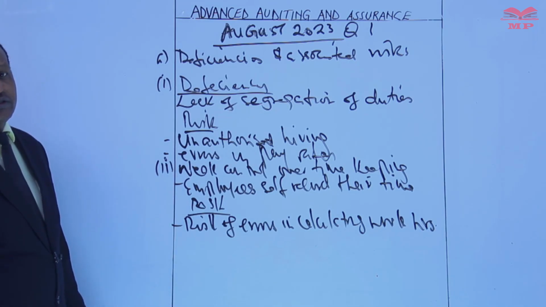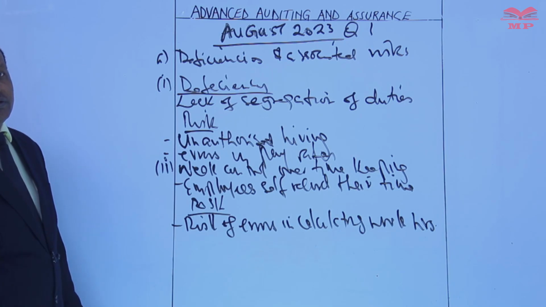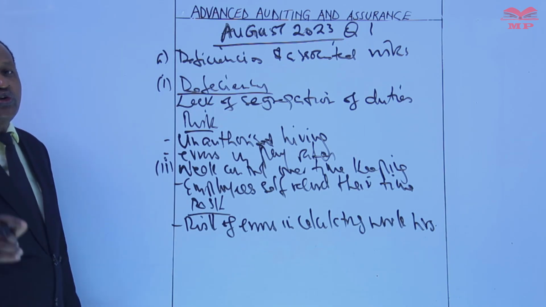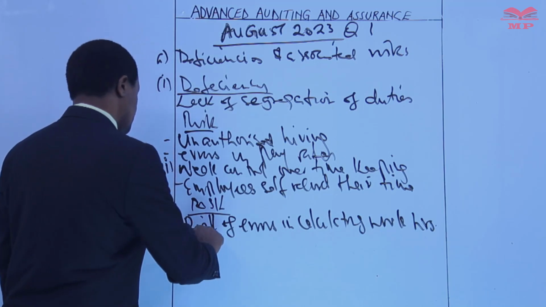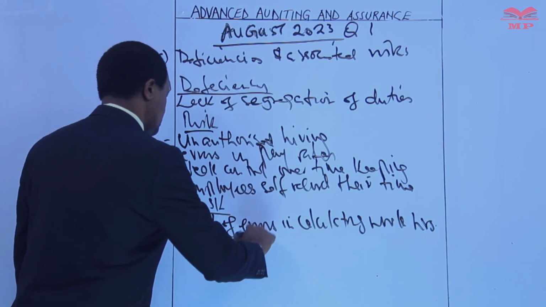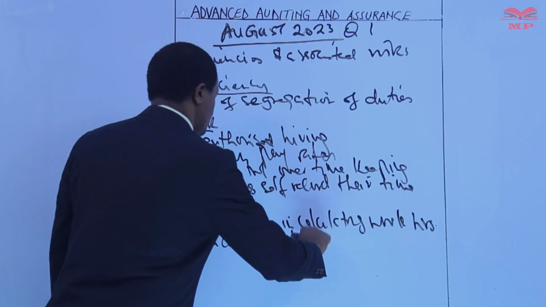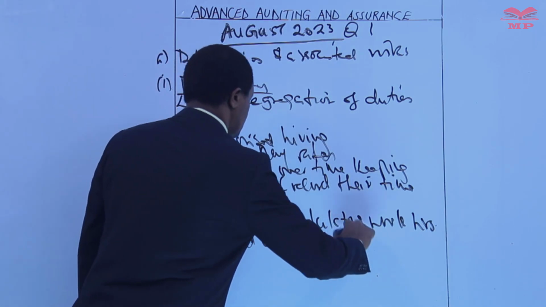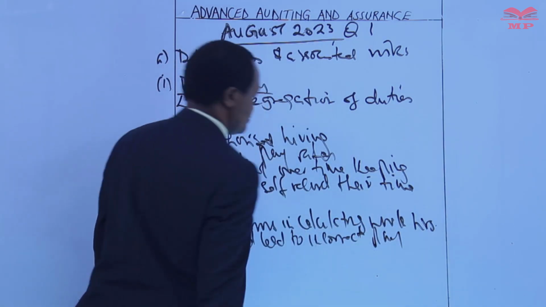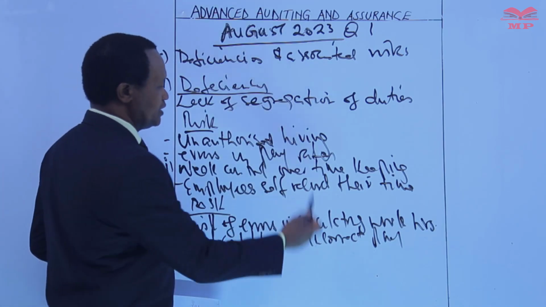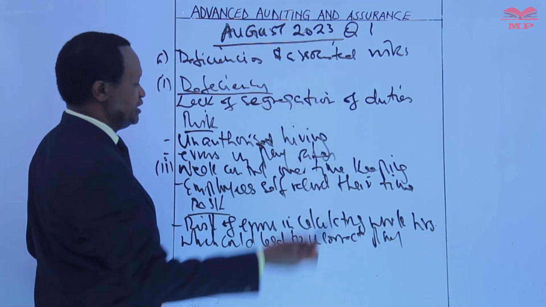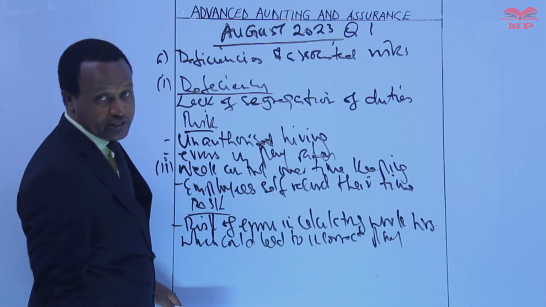You see that? Which could lead to incorrect pay. Because payment is made on the basis of hours. So if the hours are inaccurate, then the pay will also be incorrect.